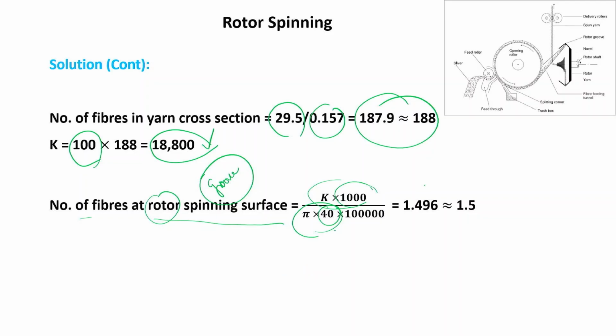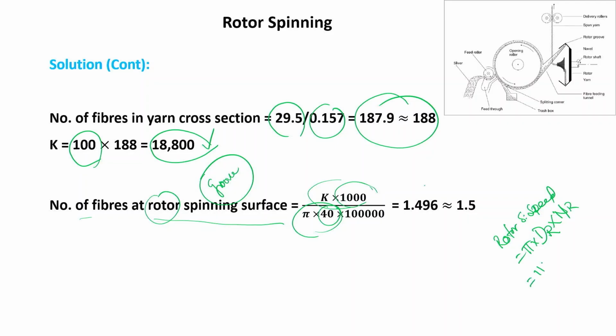The rotor circumference speed is pi d rotor times n rotor.